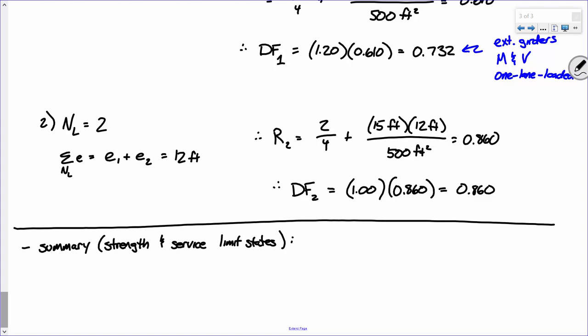Because when we do fatigue limit states, we have to handle it a little differently. It's not complicated, but it's pretty straightforward. So help me out, all right? The distribution factor for moment and the distribution factor for shear.